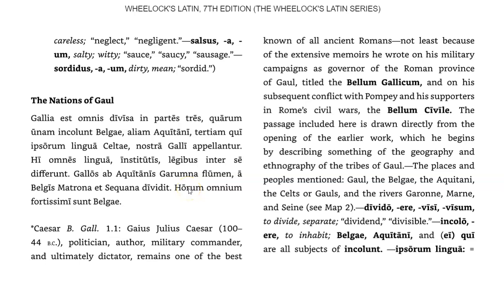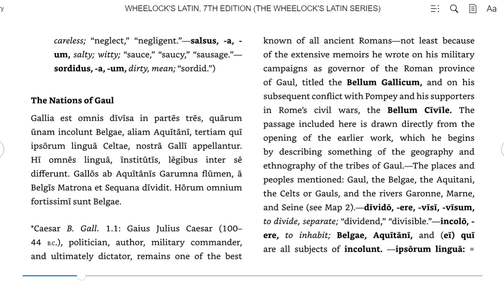And then literally, of all of these, or among all of these, the strongest are the Belgae. Could also be the bravest. So, of all of these, so orum is second declension, genitive plural. Omnium is third declension, genitive plural.